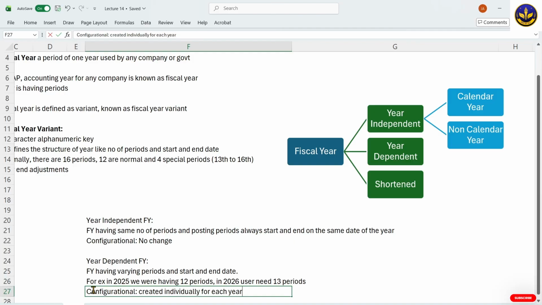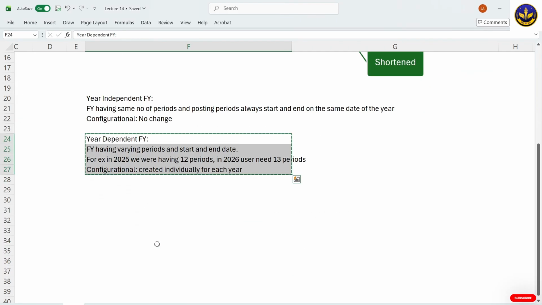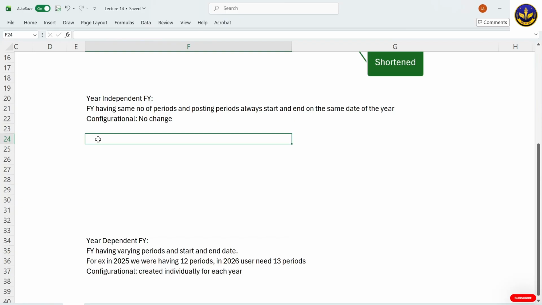Now next come the calendar year and the non-calendar year. These are again part of the year independent. Firstly we will give the calendar year. What do we understand by the calendar year?